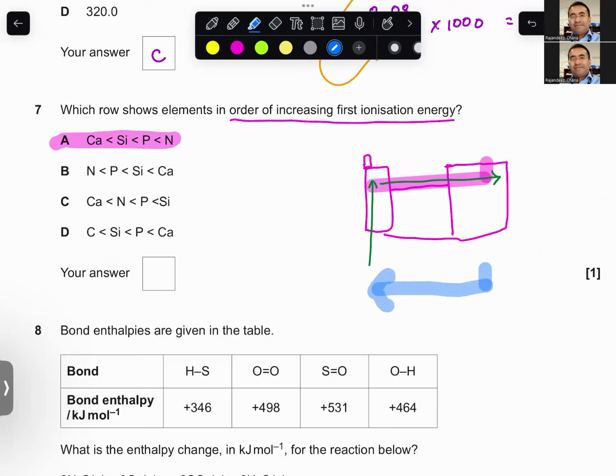So it's going up and to the right. And then you're going phosphorus down. No, can't be that. You got carbon, silicon. So you're going down. You're going down the group, even these two. Your ionization energy decreasing. So no, wouldn't be these. Answer is A.